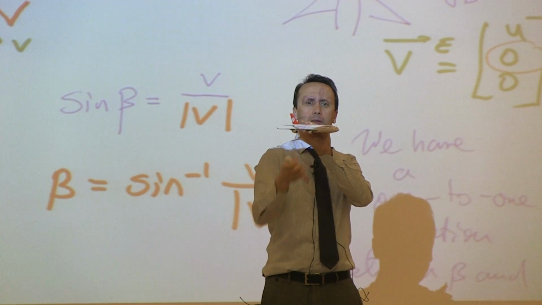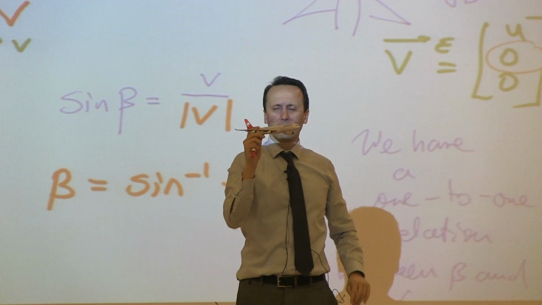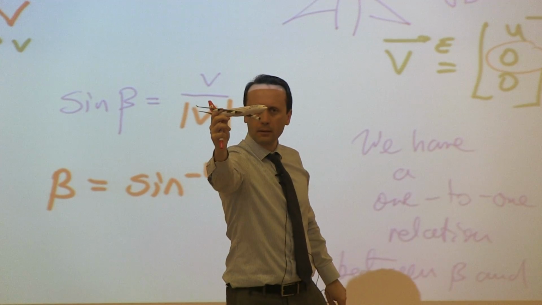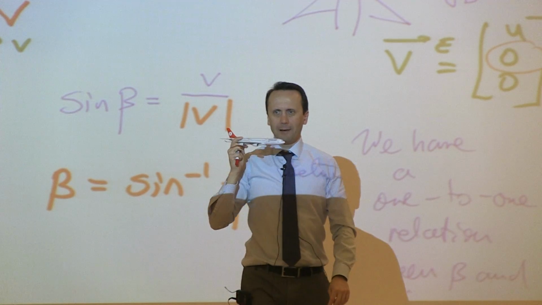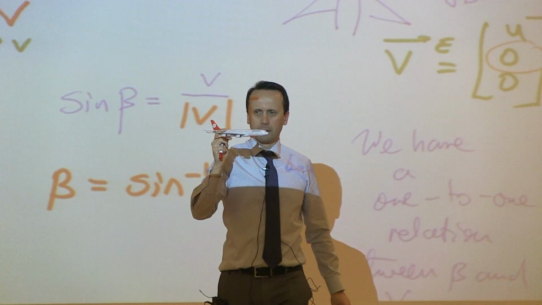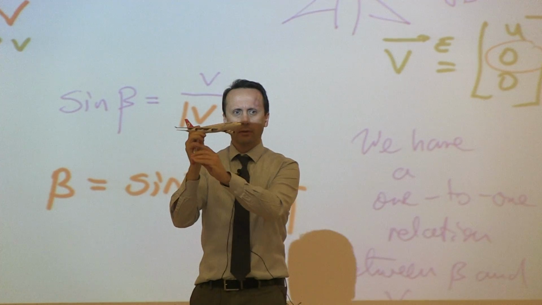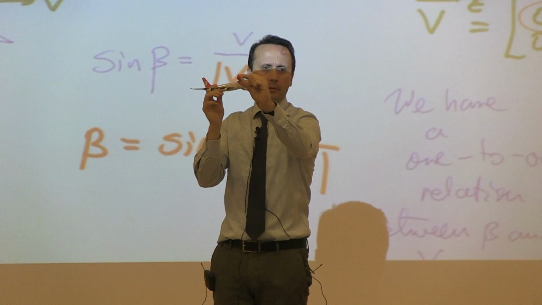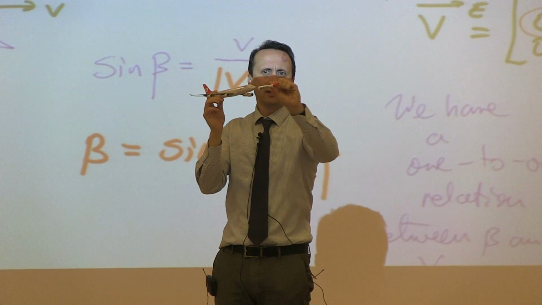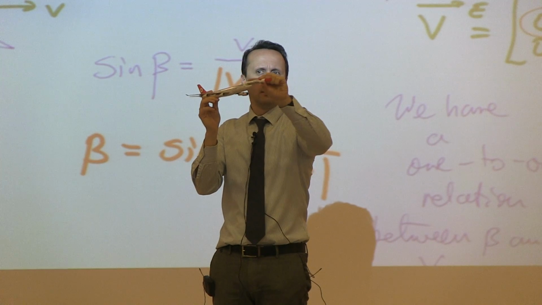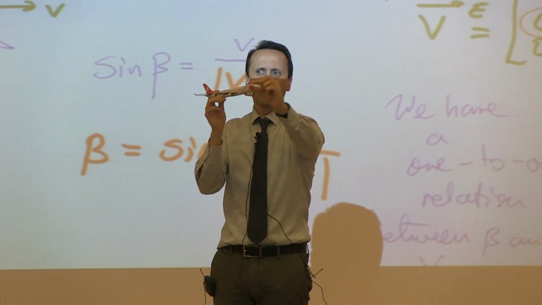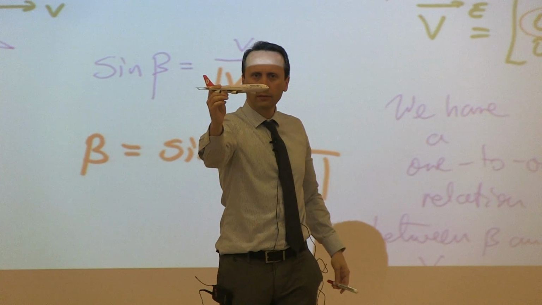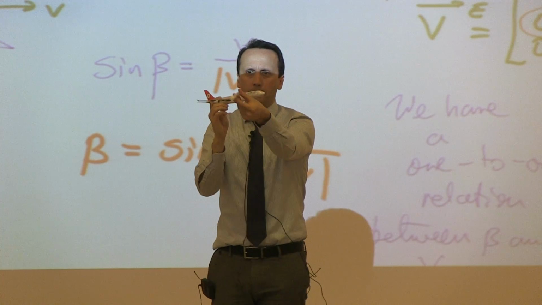V infinity now like this, and the airplane is flying like this. Aerodynamically, it's the same thing. You could have an airplane that is flying sideways like that, which means this is V infinity, and this is beta. And there's a side velocity, V, because you're flying like this, with a beta.